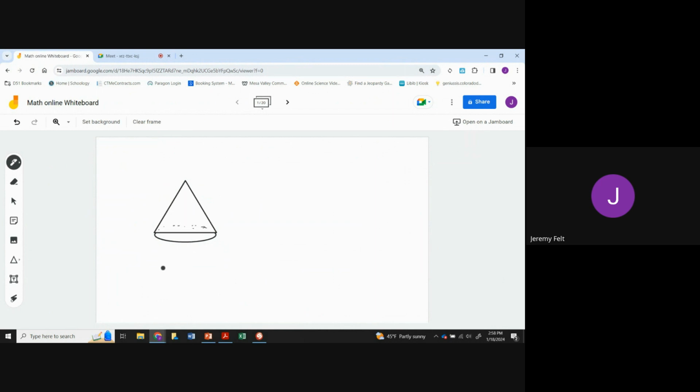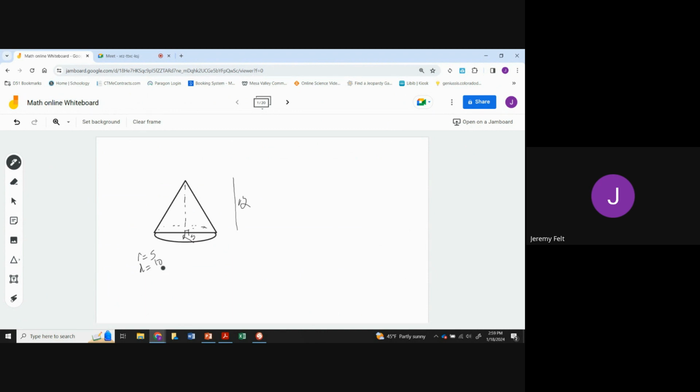So the diameter is 10, so the radius is 5. Radius is 5, diameter is 10. The height, from the base to the apex, is 12. We want to know what this slant height is.